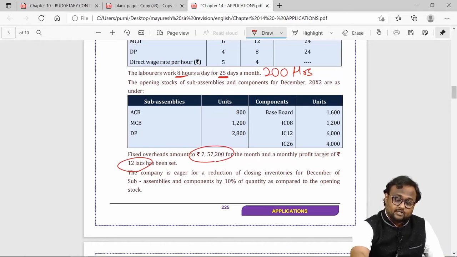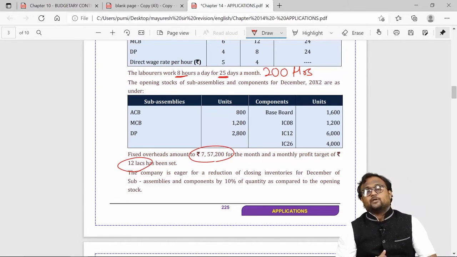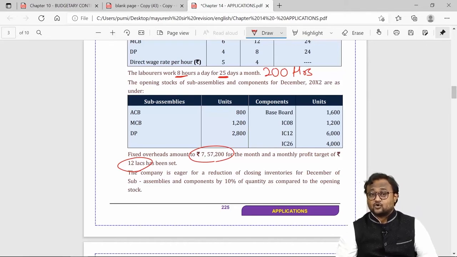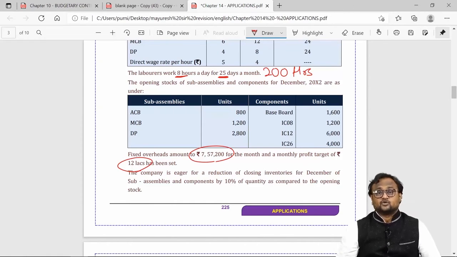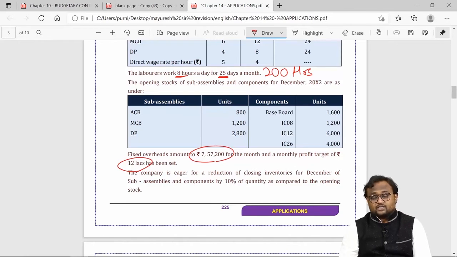Now please understand one thing: profit cannot be earned unless the fixed cost is recovered completely. So 7,57,200 is a fixed cost which is also to be recovered first. So you first recover 7,57,200 and then you recover 12 lakhs from the customer.